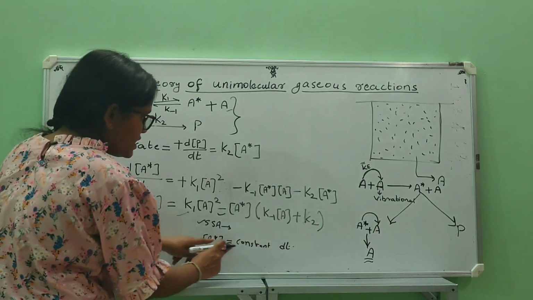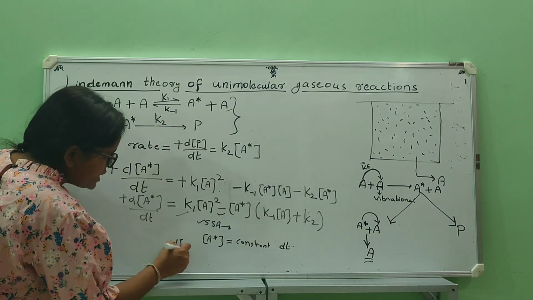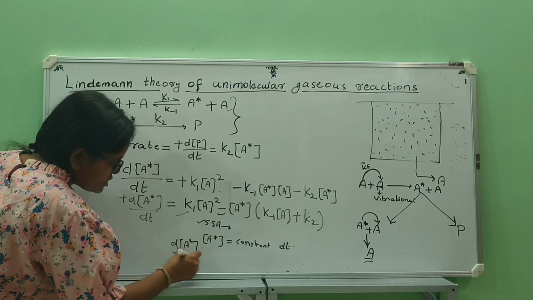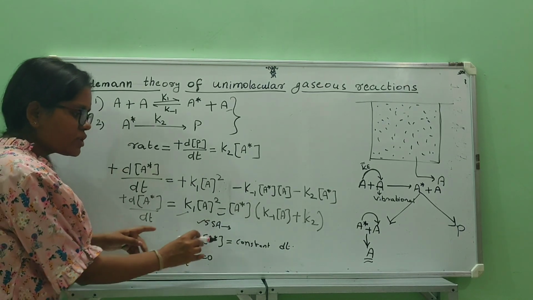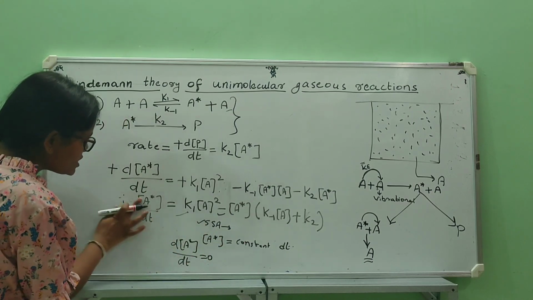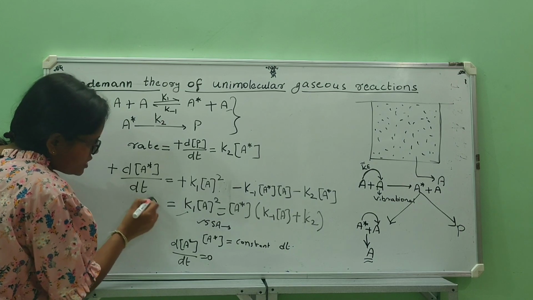So if A star is constant for a short period of time dt, then d A star by dt is equal to 0, because the differential of a constant is always 0. So this term becomes 0.